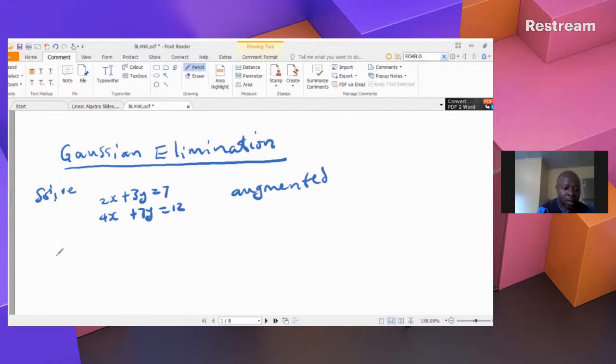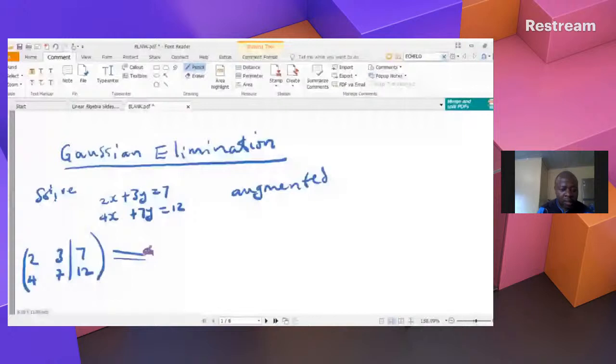The augmented matrix just extracts the coefficients: 2, 3, 7, 4, 7, 12, and then we reduce this to echelon form.